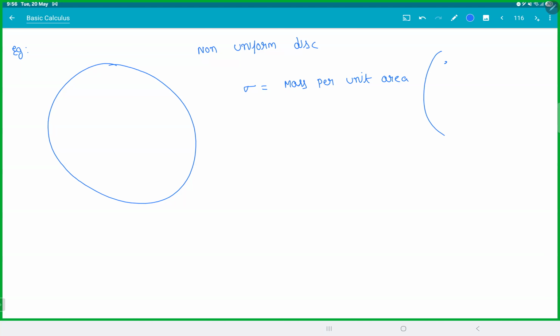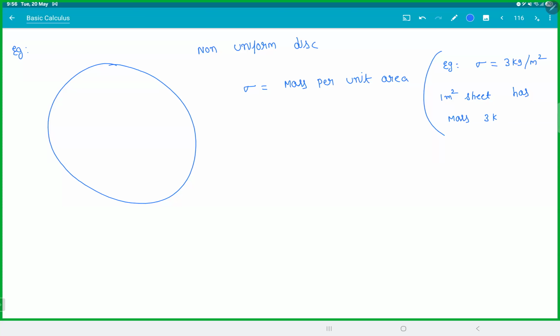Meaning, for example, if someone tells you sigma is 3 kg per meter square, it means if you take a 1 meter square sheet, it has a mass of 3 kgs. That is the meaning of that. So if you take a rubber sheet or a plastic sheet, a 1 meter square sheet has a mass of 3 kg.